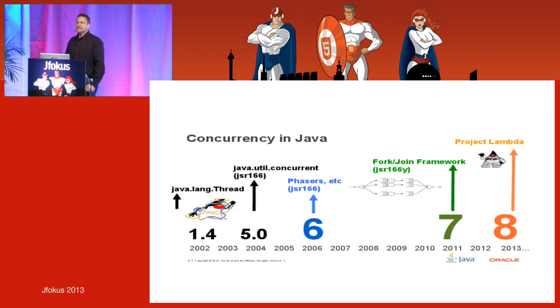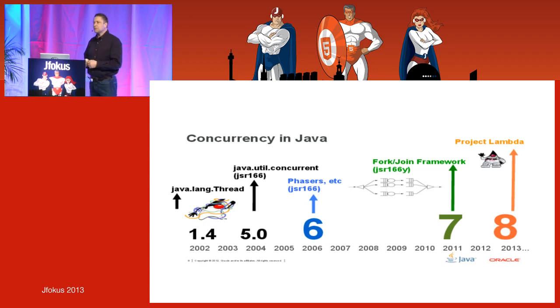But the problem with that is it's a very basic form of multi-threading and parallel coding. And it's very, very difficult to make code work reliably and accurately if you're using those kinds of primitive ways of doing things. Move forward to Java SE 5, and to alleviate that problem, we introduced the concurrency utilities.